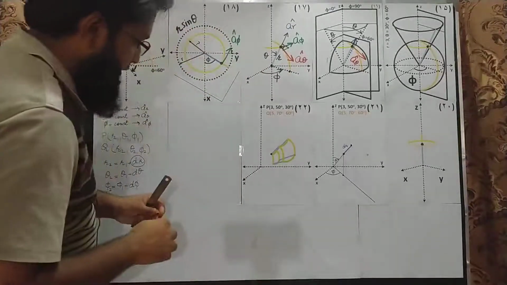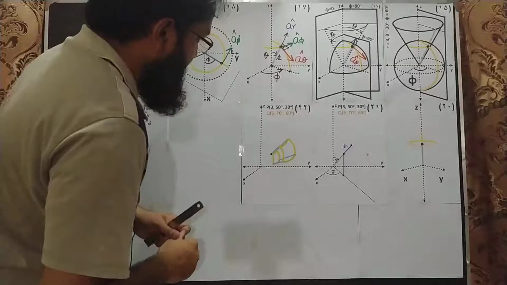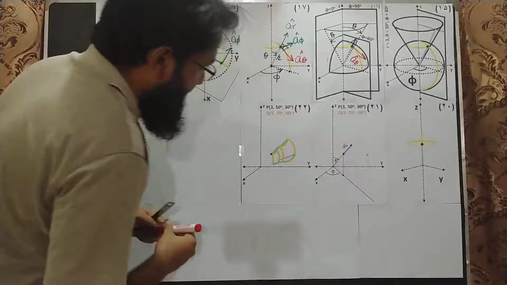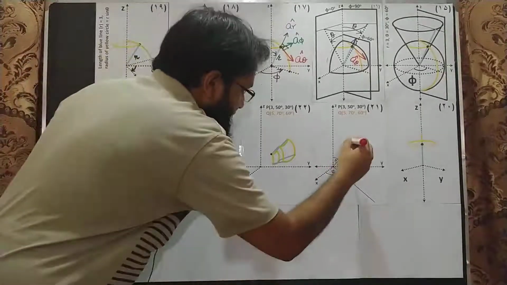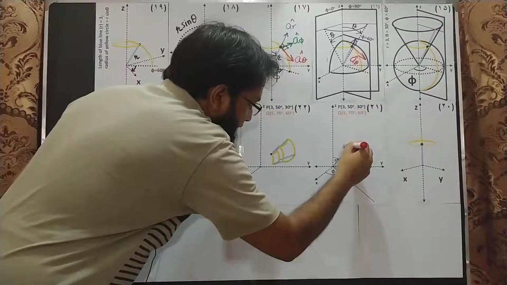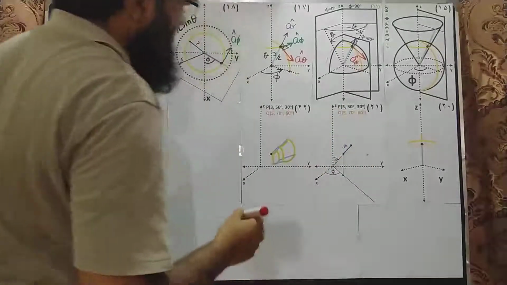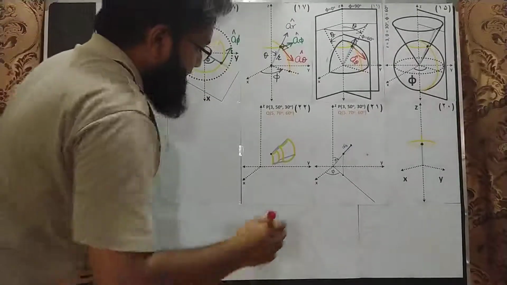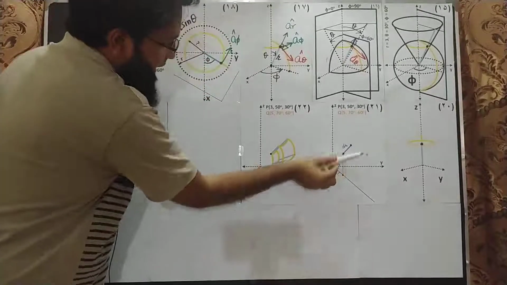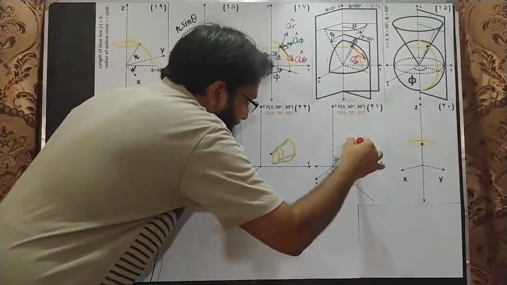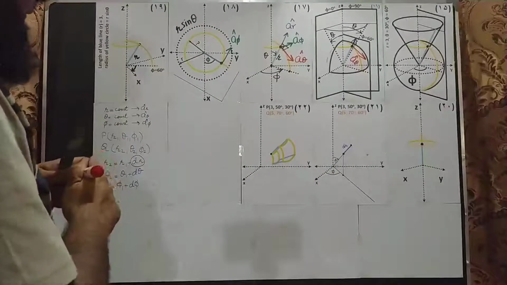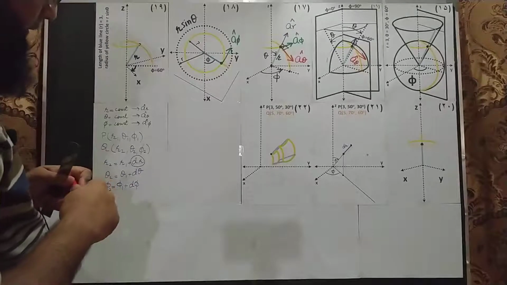Okay, so now I am using this red marker to move along, keeping this radius the same, and now I'm moving along the tangent. Should I draw it or should I not?